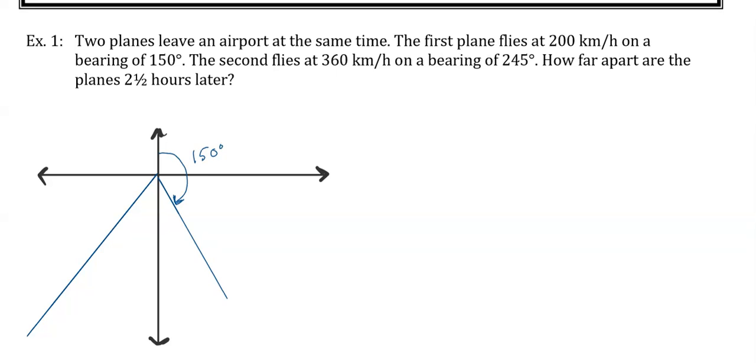What do you think? The first plane traveled 500 kilometers. And what about the second? Okay, so Zach calculated it, but think about this in general. They flew for the same amount of time. The second plane was flying faster, so it's going to fly farther. Does that make sense? It will help when you draw your triangles that you have some idea of which line is longer than which line. Okay?